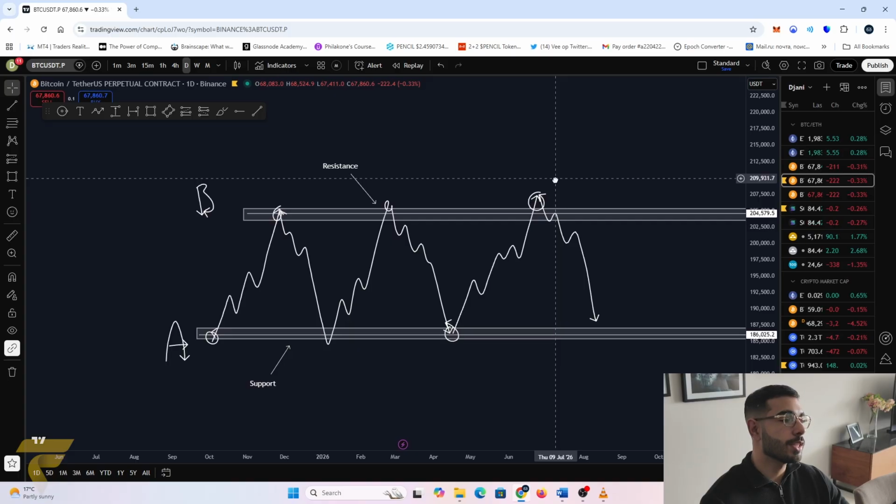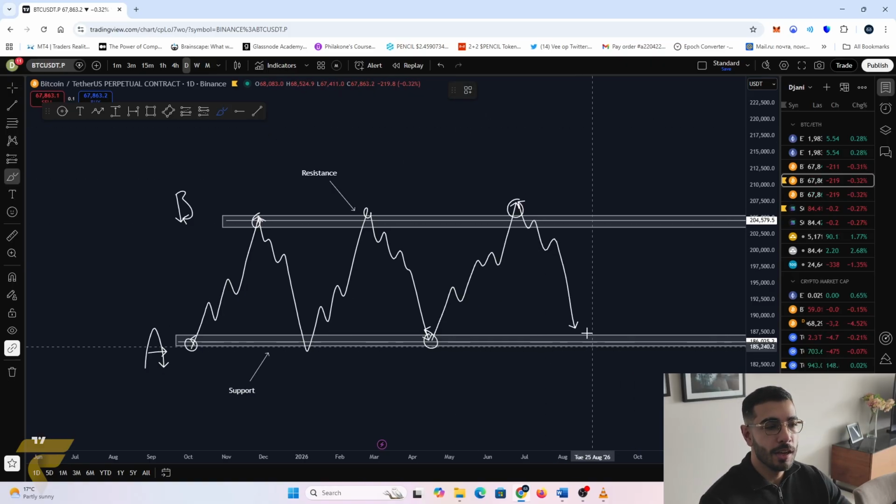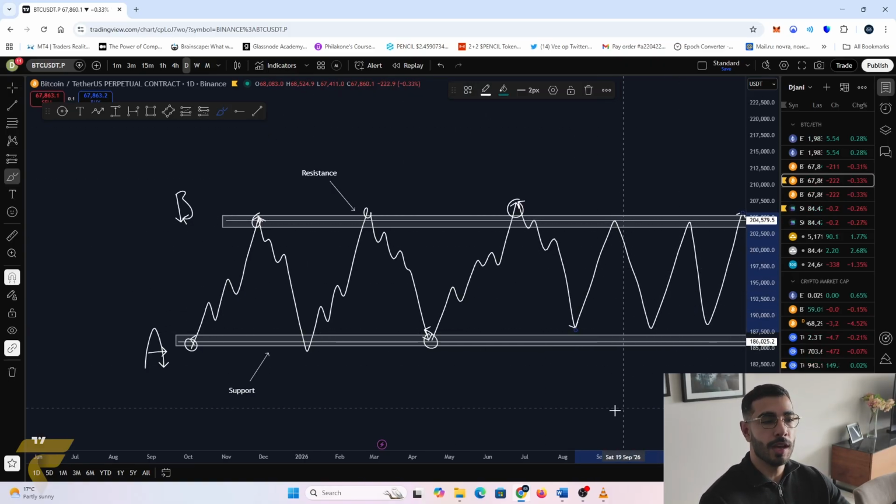However, you do need to understand at a certain point, it's inevitable price will break out. Okay, price never needs to do anything, but I think it's quite understandable that price never infinitely keeps on ping-ponging between 2 levels.